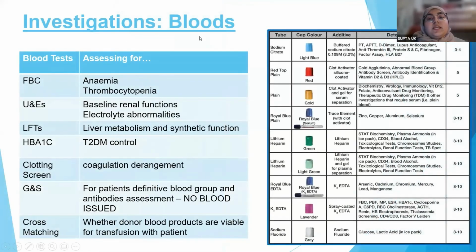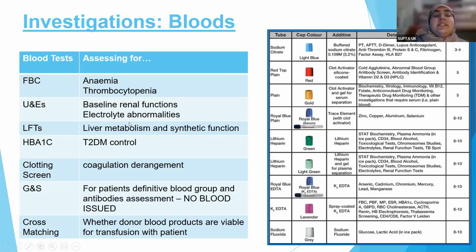Then in terms of investigations, bloods are required, okay? So you look at the order of draw whenever taking any bloods, but essentially blood tests required would be FBC for anemia and thrombocytopenia checking, U&Es for baseline renal function and electrolyte abnormalities. That can influence obviously the prescription of blood, fluids and medications, whether you give Hartmann's over saline.